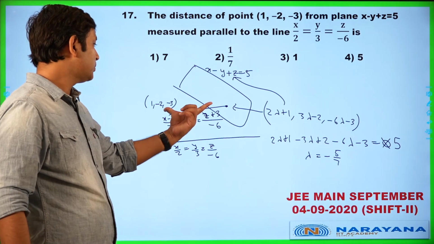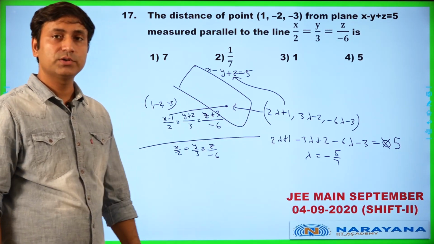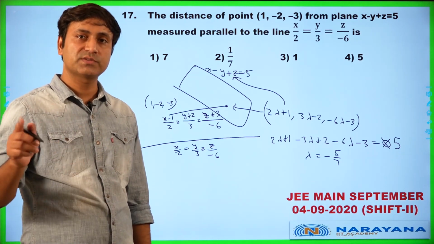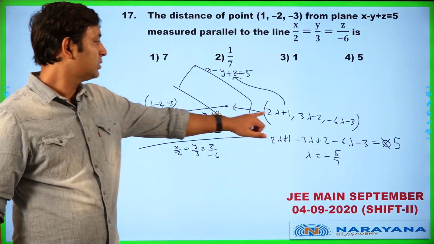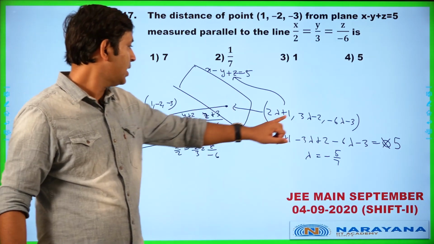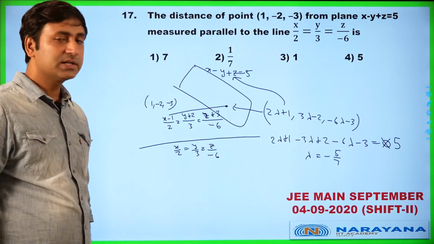Now we need to find the distance between these 2 points. We will use the square root of x1 minus x2 whole square plus y1 minus y2 whole square plus z1 minus z2 whole square. The difference of x is 2 lambda, difference of y is 3 lambda, and difference of z is 6 lambda.